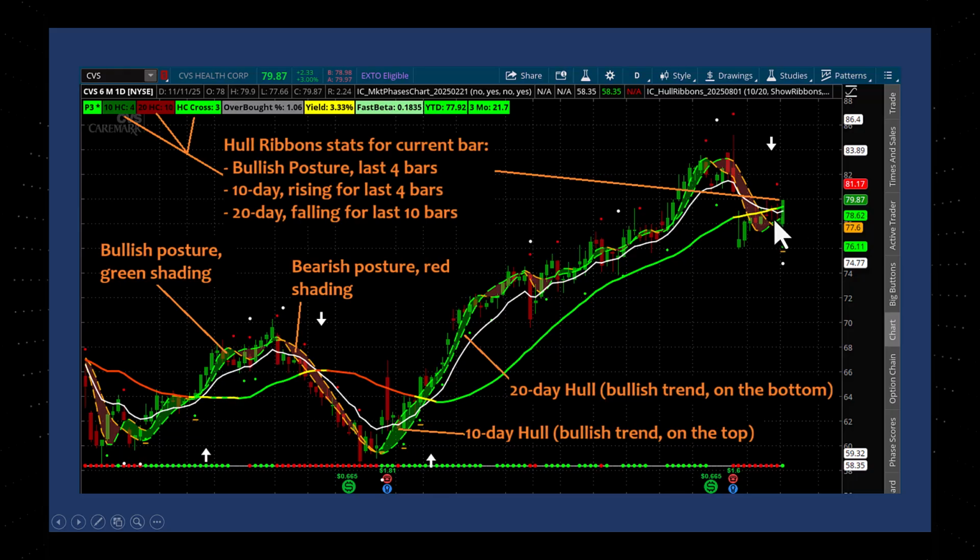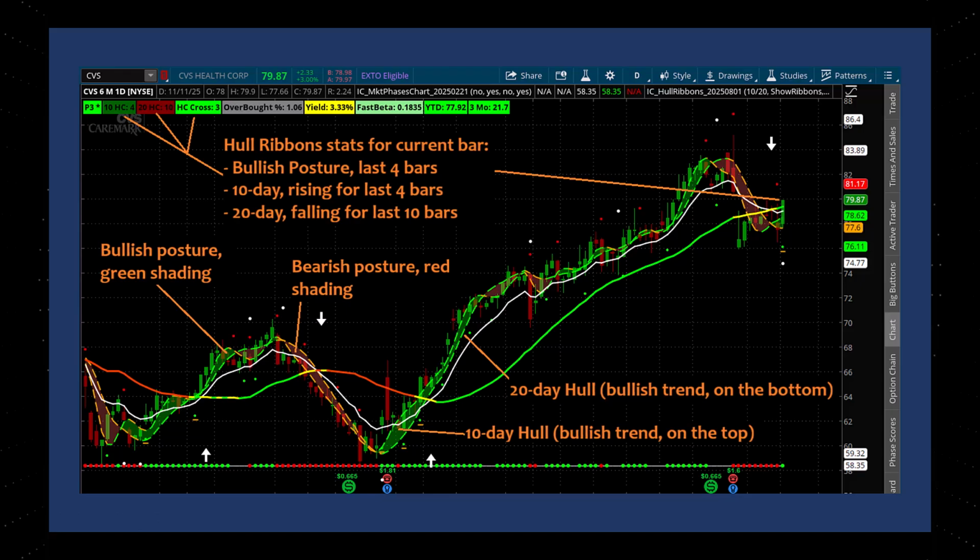We've got green shading on the chart, which means that the 10-day hold is rising, and there it is, it's rising. It's above the 20, and the 20 is below the 10. And oh, by the way, the 10 has been green, rising for the last 4 days.